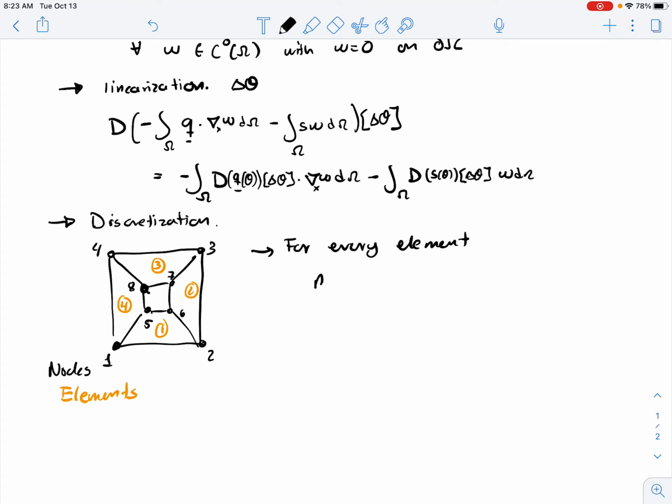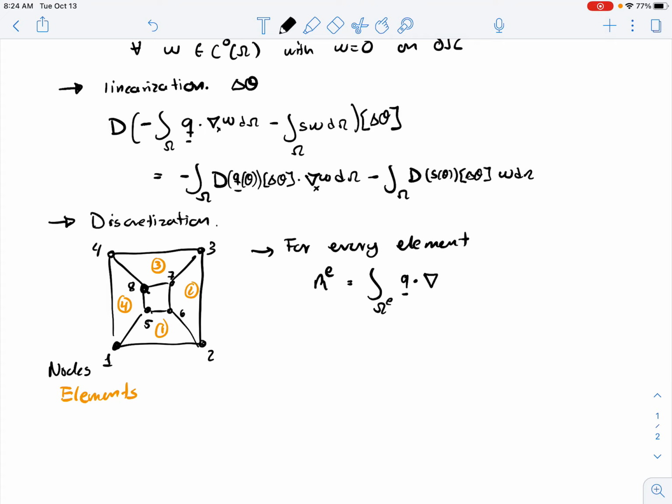Now for every element, the residual over the element is going to be similar to the integral that I've done before, but only evaluated over the element. And if you remember, when you plug in the definition of W as the sum of the weighting functions times the nodal values, only the weight functions end up in the residual. So in the residual, this will look like Q dotted with the gradient of the shape functions.